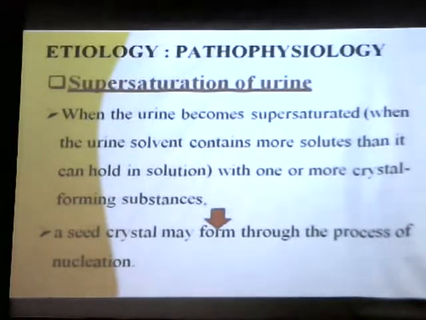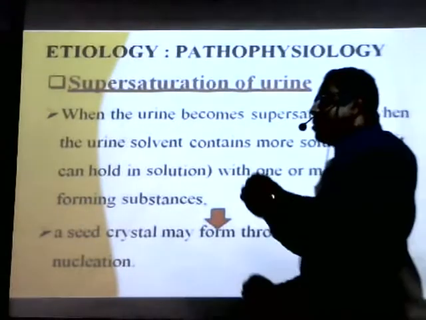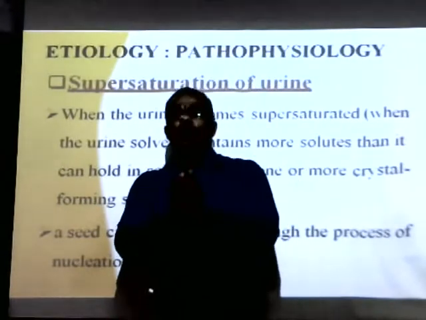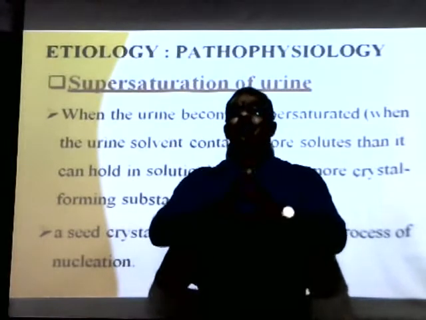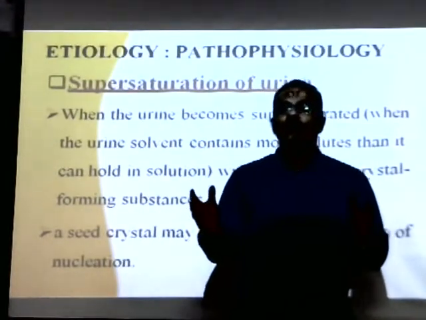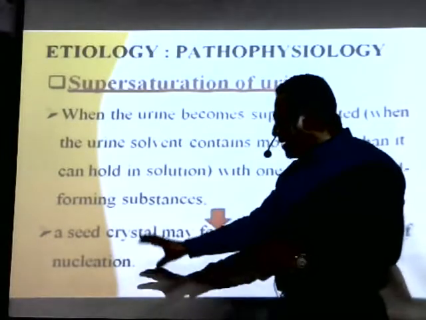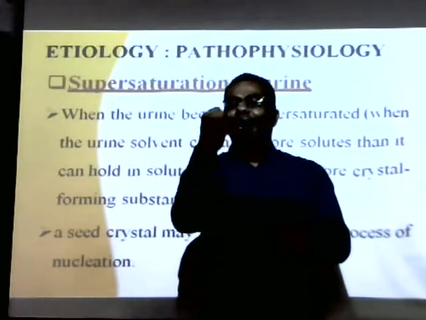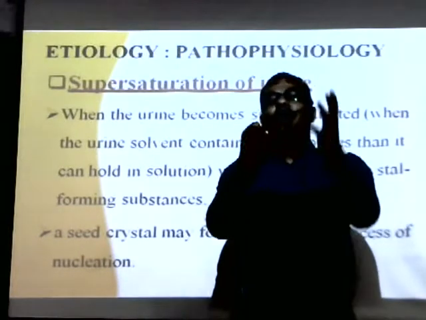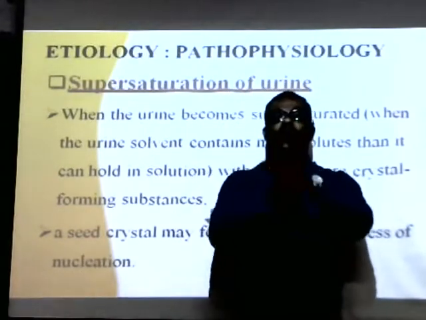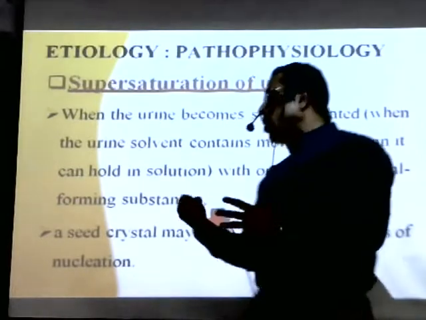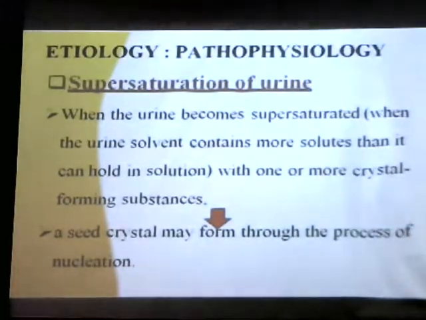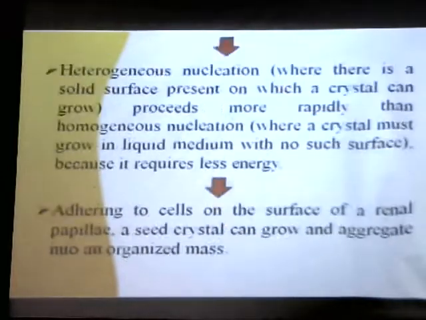The seed crystal is actually the basic foundation, the molecule which will further attract other crystal molecules toward itself. That is why this process is known as nucleation. The seed crystal will lie in the center and allow the other crystal molecules to accumulate around it. This is what we call the formation of a crystal, or nucleation.